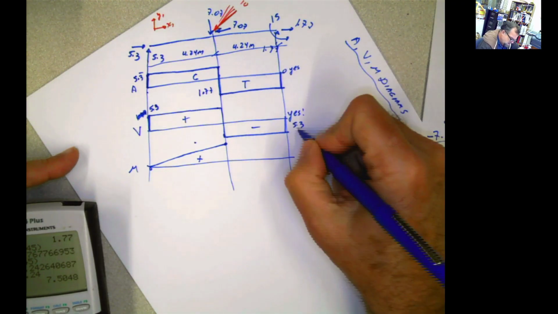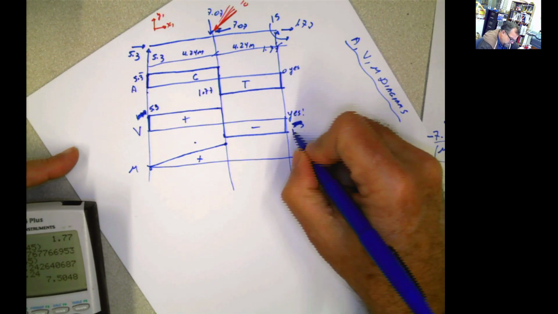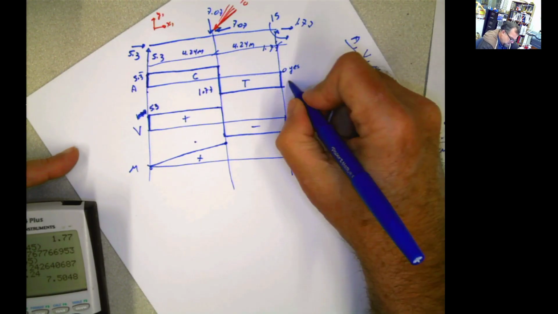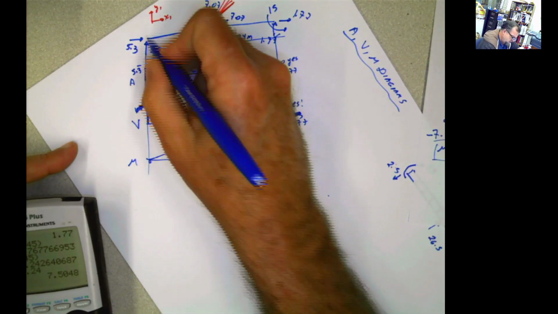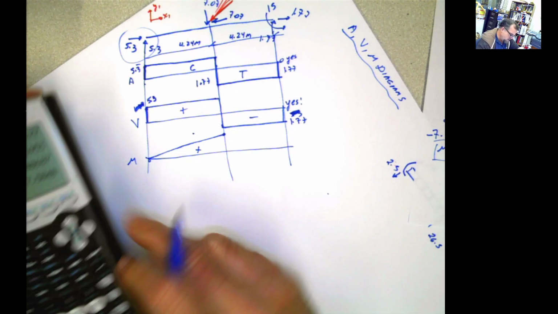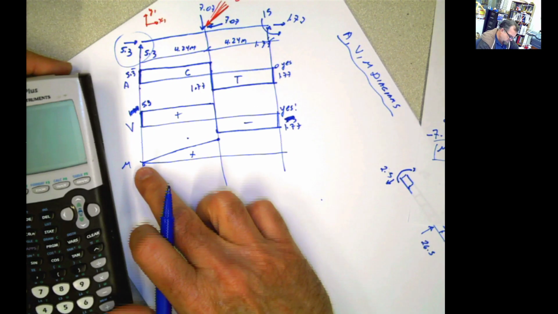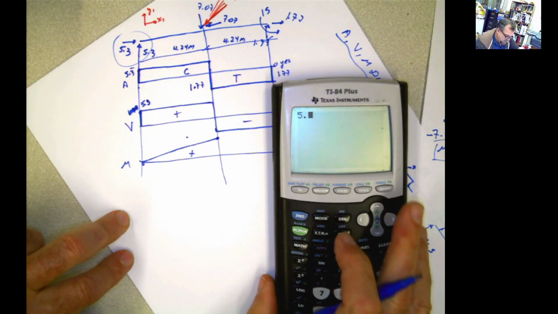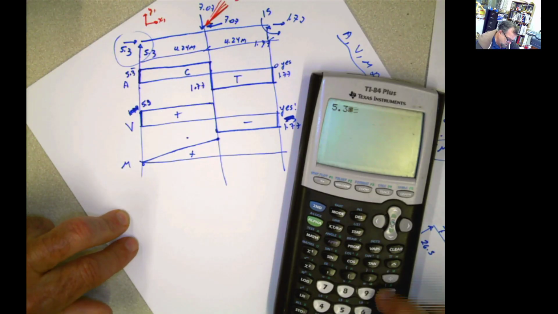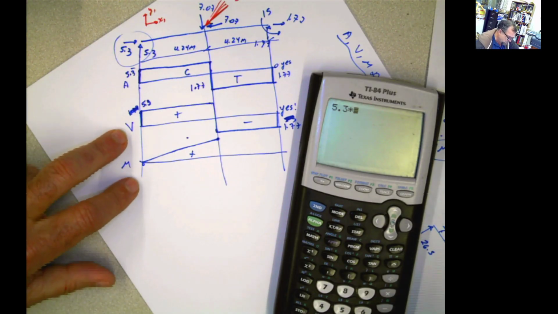This one here is 1.77. And this one here is 1.77. 5.3. This one. Now, 5.3. I'm not going to edit this because if it happens to me, it can happen to you. And hopefully it happened to you.